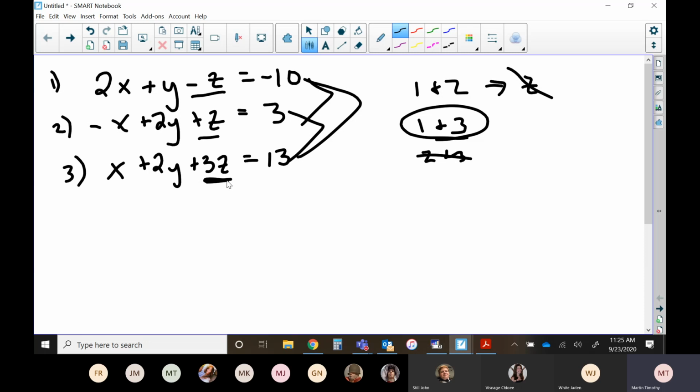Why would we do 1 and 2? Because one's positive, one is negative. So if I was doing the x's, I would personally combine 2 and 3 and 1 and 2 to make my new equations. All right, so we're going to do z's.